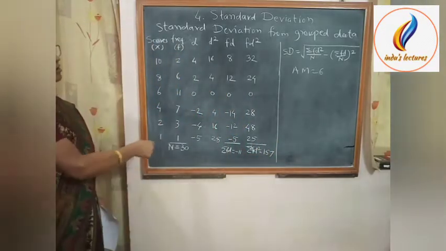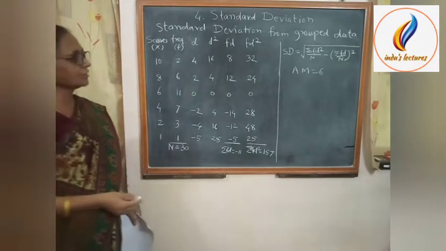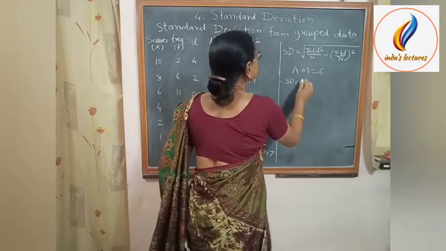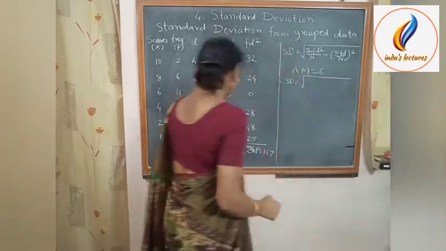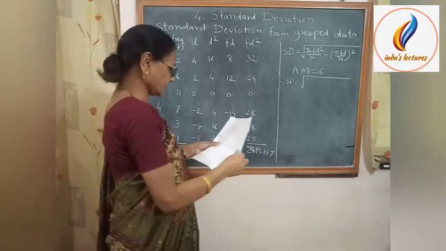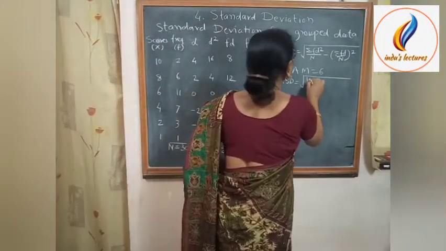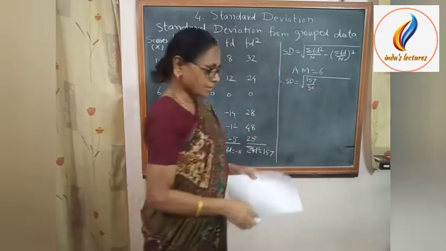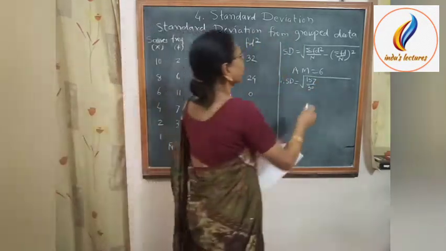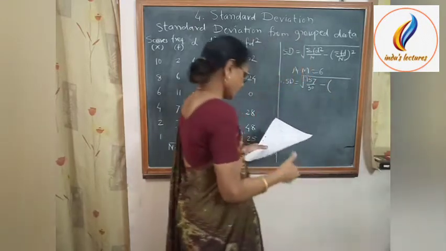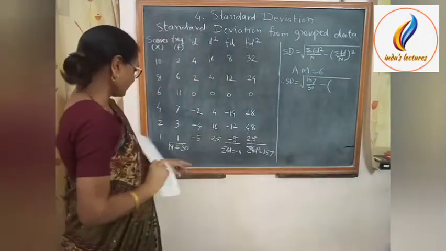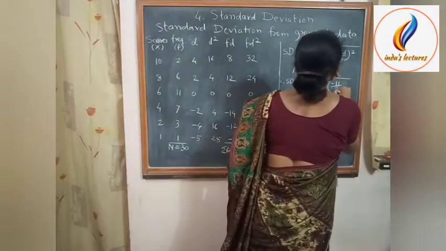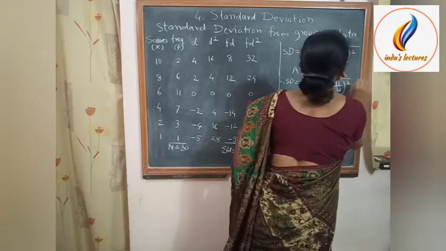Now putting all these values in the formula, we can calculate the standard deviation. Standard deviation is equal to under root of sigma fd square, that means 157 divided by n. N is equal to 30. So 157 upon 30 minus sigma fd, which is minus 11, upon 30 whole square.